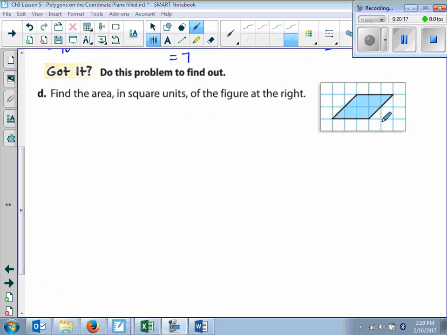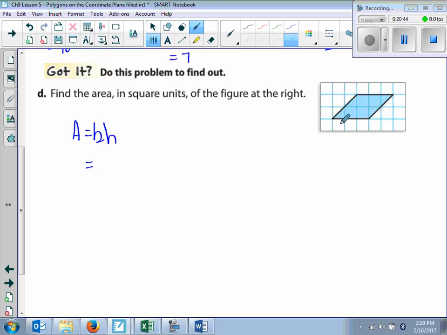So this, what shape is that? A rhombus. Well, not a rhombus because it doesn't have equal sides. It's just a parallelogram, right? So the formula for the area of a parallelogram is base times height. So now we can substitute in by counting our squares here on the grid.